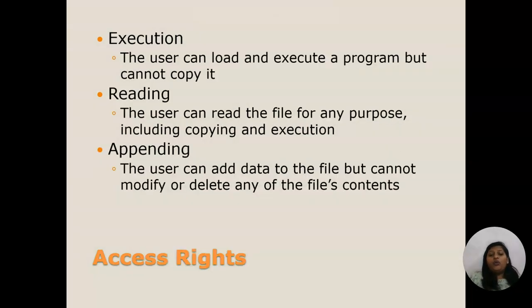Execution: the user can load and execute a program but cannot copy it. Then reading: user can read the file for any purpose, including copying and execution. Then appending: the user can add data to the file but cannot modify or delete any of the file's contents.